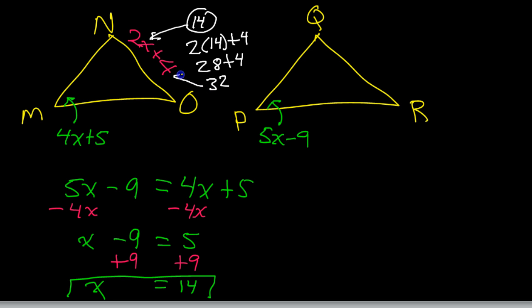Okay, so this side right here, this NO, is 32. But NO is corresponding parts with QR. So if NO is 32, then QR is also 32. So I believe we were supposed to find x and the distance from Q to R. So that's 14 and 32.